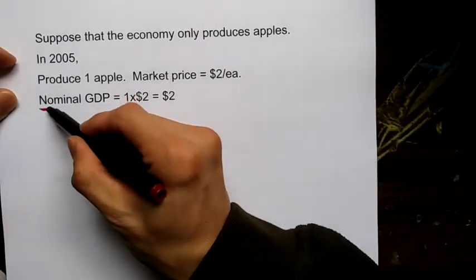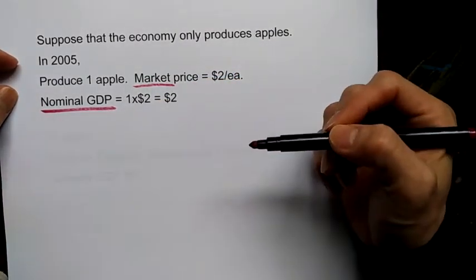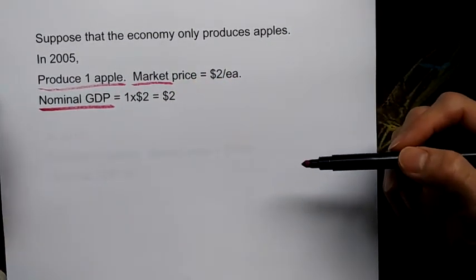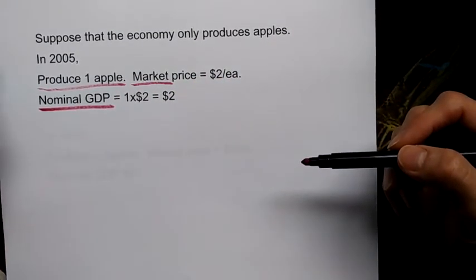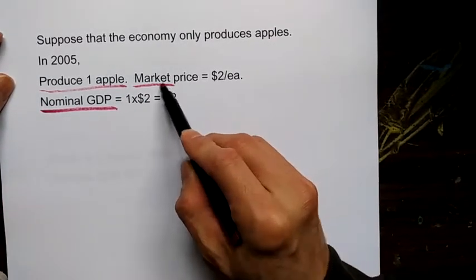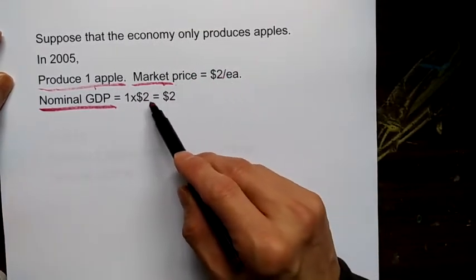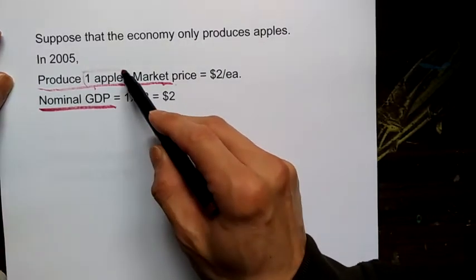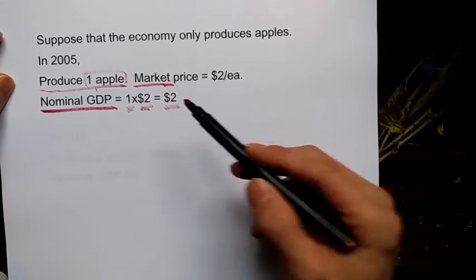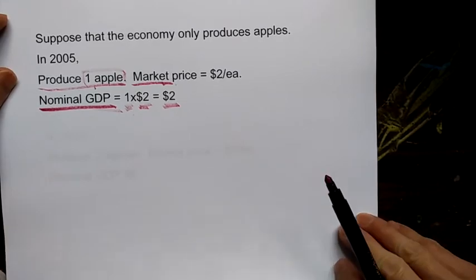Therefore, nominal GDP is the market value of all the productions in this economy within a specific period of time. So nominal GDP is the market value of this apple. The market price is $2 each, and we only have one apple. Therefore, the market value of this apple is $2. Therefore, nominal GDP in this economy is $2 in 2005.